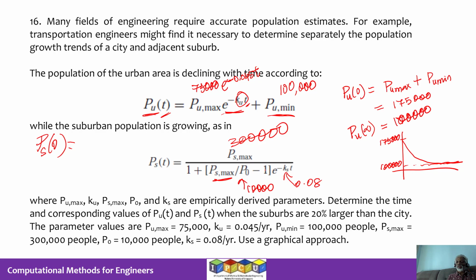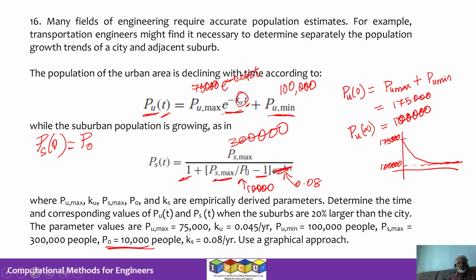So this plus 1 cancels with this minus 1, leaving you with PS max by P naught in the denominator. In the numerator, you have PS max. So PS at 0 will be equal to P naught. So P naught basically is the starting value of the population.